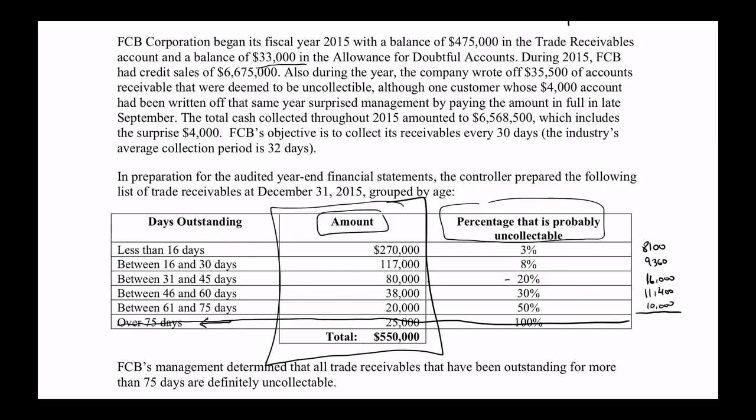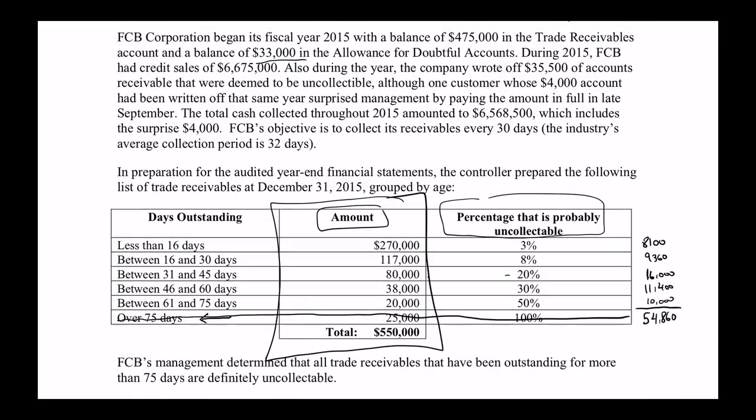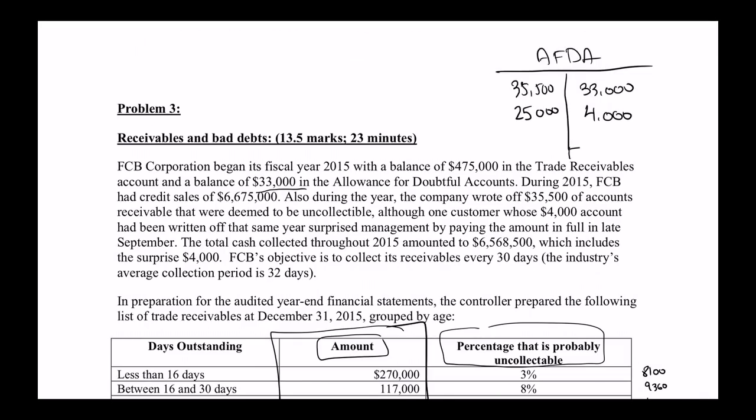And the last row is $20,000 with a 50% chance of being uncollectible. So we're just going to add these up. 8,100 plus 9,360 plus 16,000 plus 11,400 plus 10,000 gives us 54,860. And that is our desired ending balance for our AFDA. So right over here, 54,860, this is our desired AFDA.